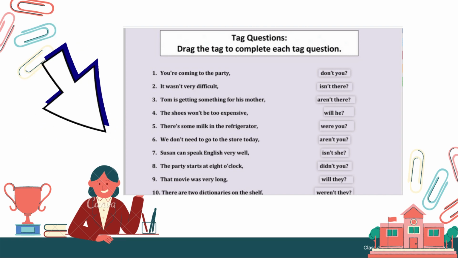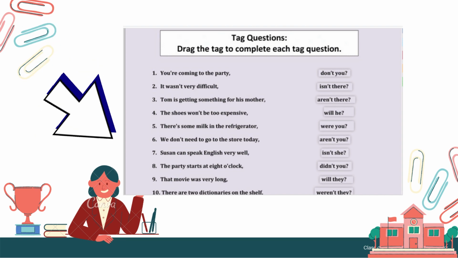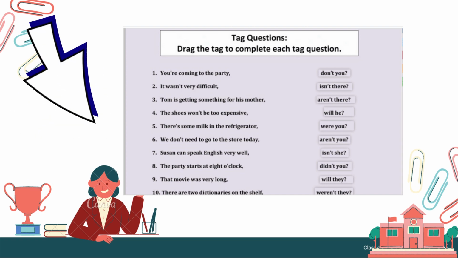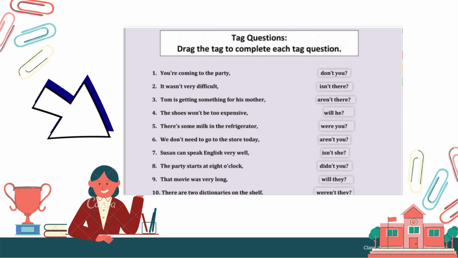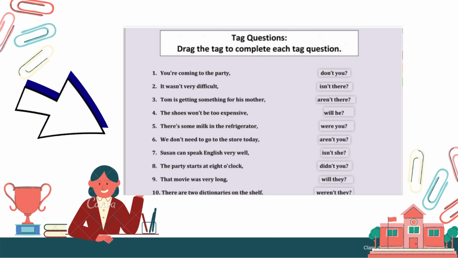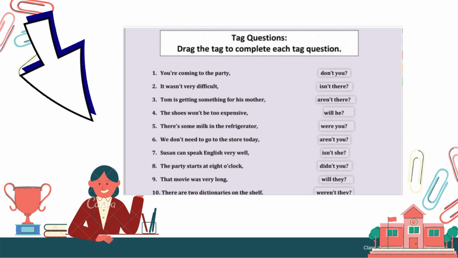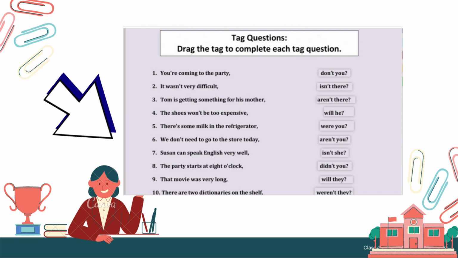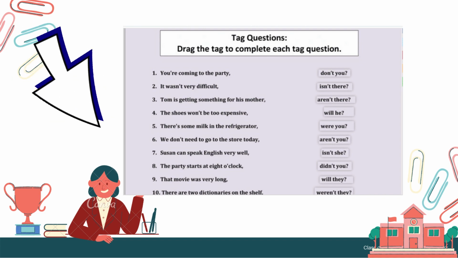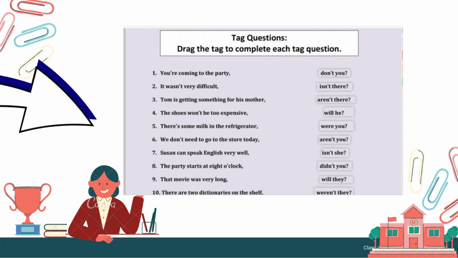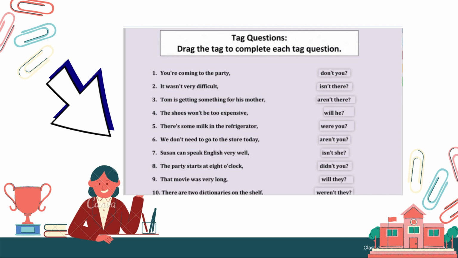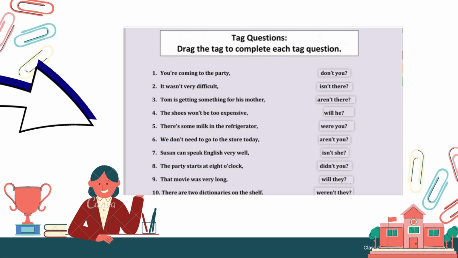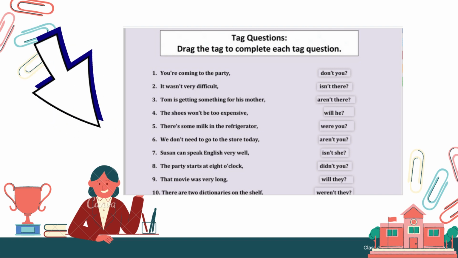So maybe it can be don't you, isn't there, aren't you? The first one is aren't you. Perfect. Because the first sentence is positive, you have to look for the negative, aren't you.